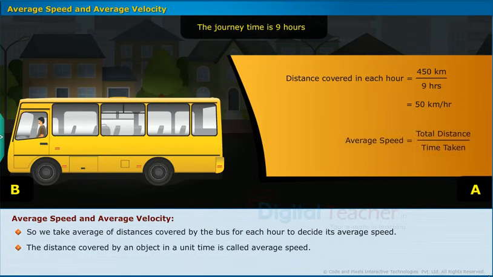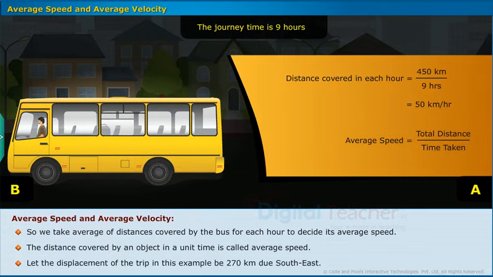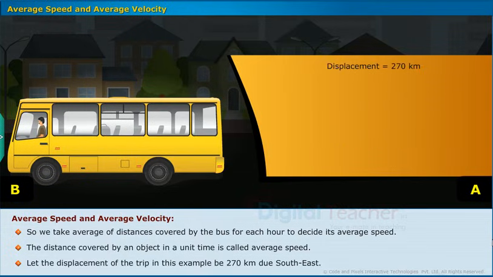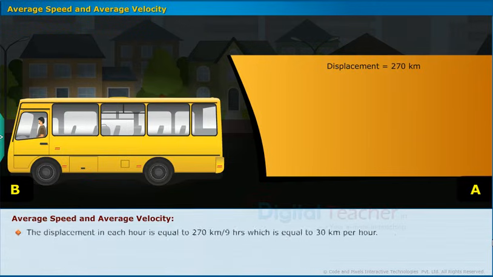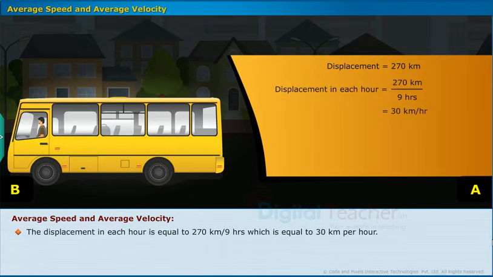The distance covered by an object in unit time is called average speed. Let the displacement of the trip in this example be 270 kilometers due southeast. The displacement in each hour is equal to 270 kilometers per 9 hours, which is equal to 30 kilometers per hour.